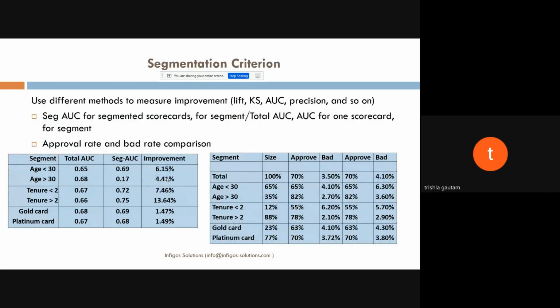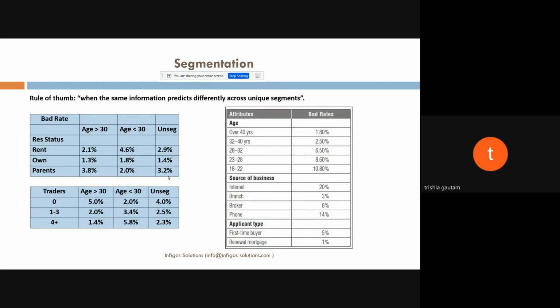So I did not understand this point, this future data available or not for segmentation. The point here is you created a segment, for instance, people less than age 30 and people greater than age 30. Suddenly what happens is people less than 30 start going to a different lender.